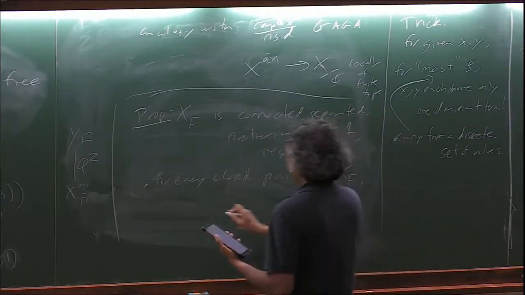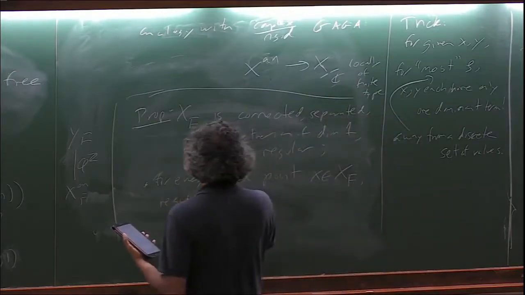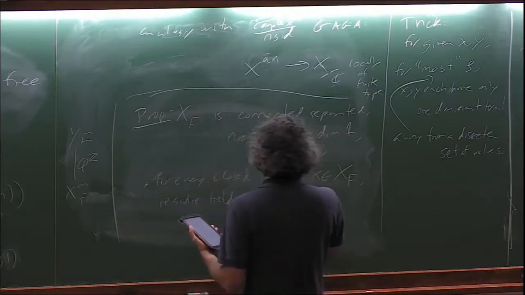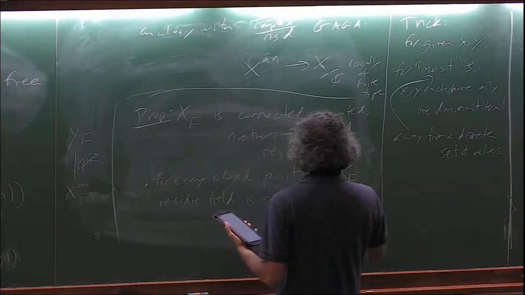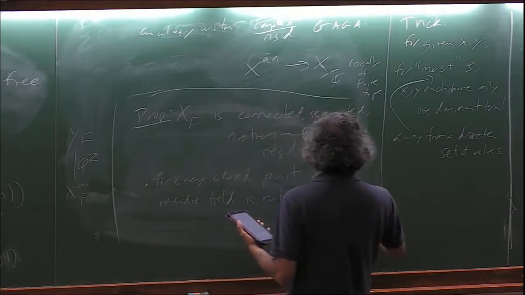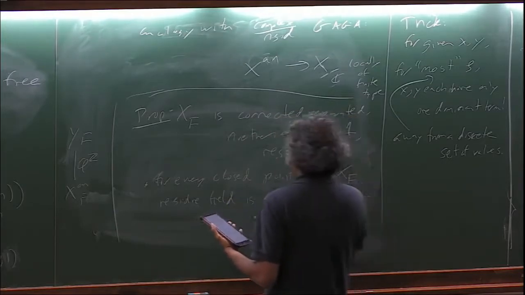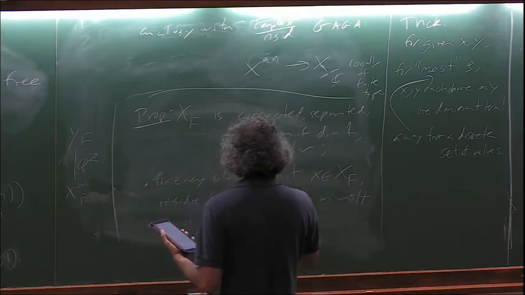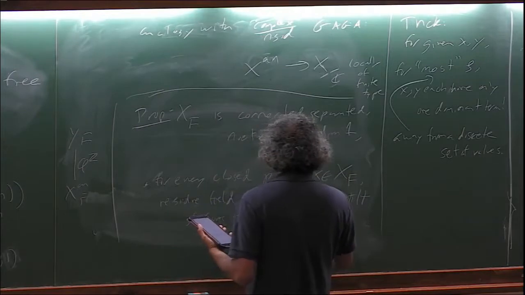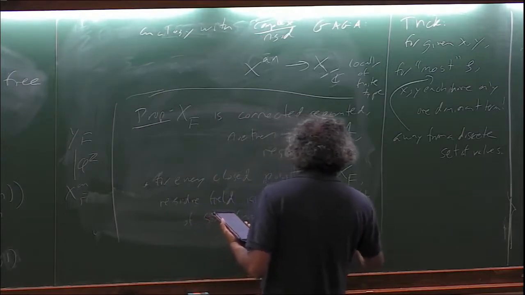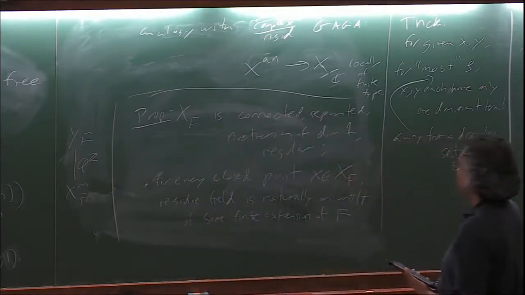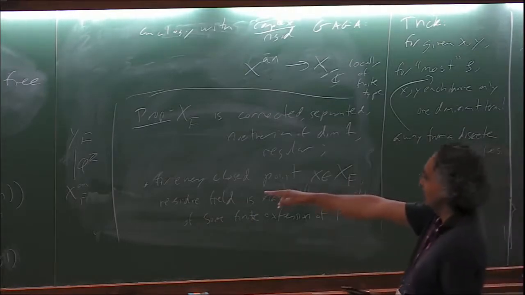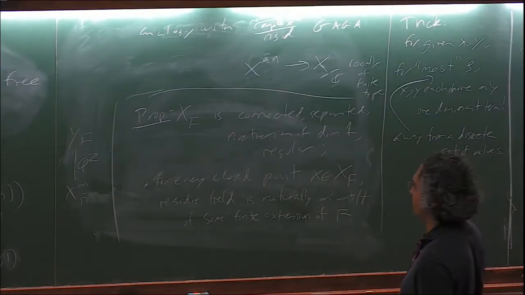So every closed point, the residue field is naturally an untilt of some finite extension of F. Basically the point is that the ring A-inf maps to everything in the picture.